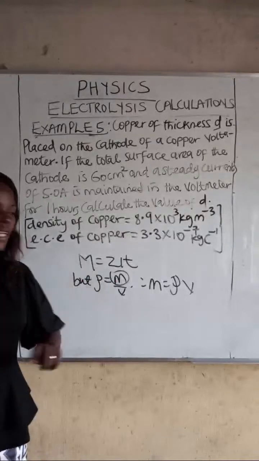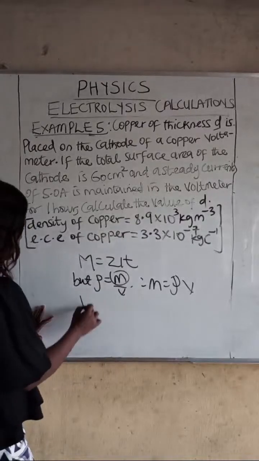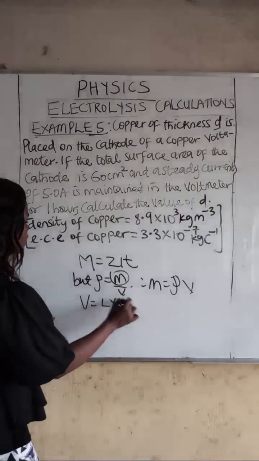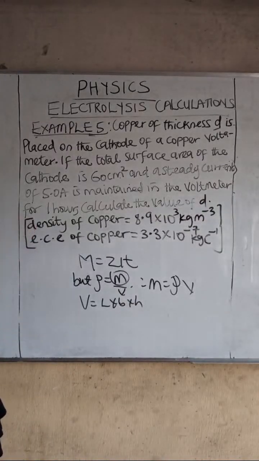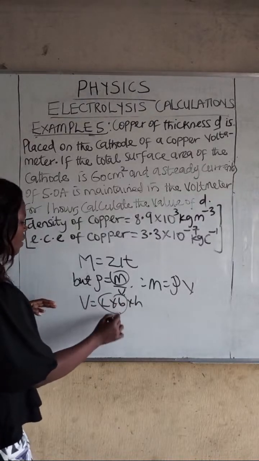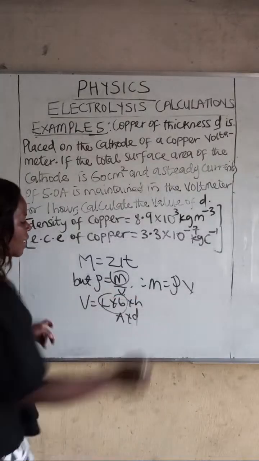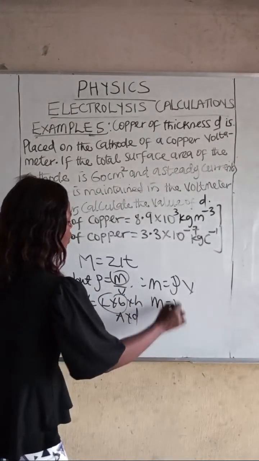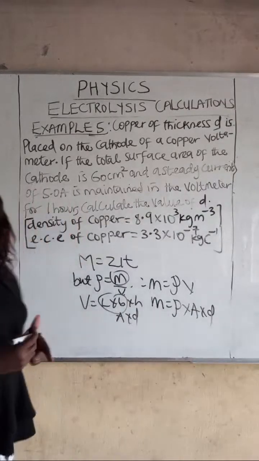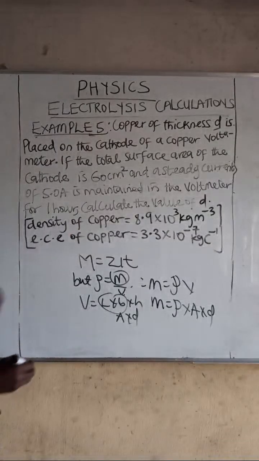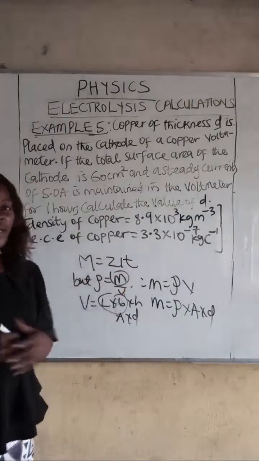Now, you must not forget that volume is equal to area times thickness. Volume is length times breadth times height, but in case you are given area, as in this question, this stands for area and this stands for thickness. So if I replace it here, I will have that my mass is equal to density times area times thickness. And this will be equal to the electrochemical equivalent multiplied by the current and multiplied by the time.